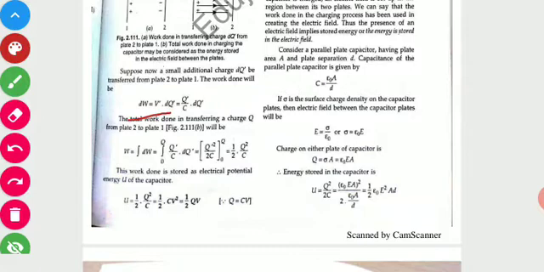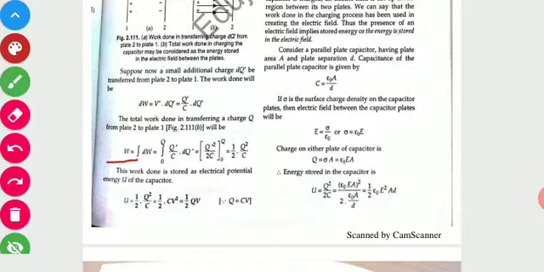So students, we know the relation of V with C. V is equal to Q upon C. So we put the value of this. After that, how do we find the total work done? By integrating.